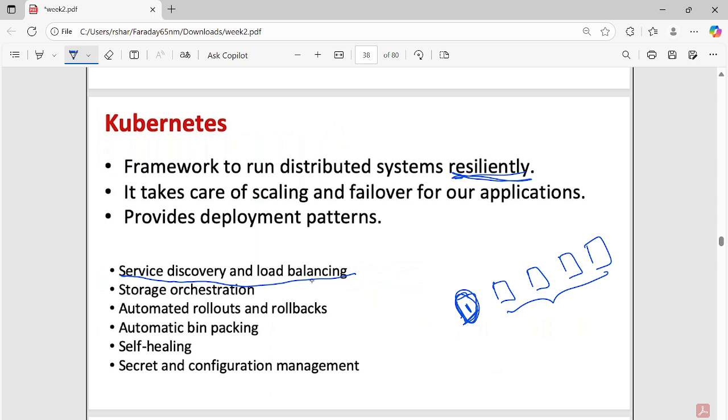The workload is more on this one node. Instead of just running everything on node 1, we can distribute and balance it. So service discovery and load balancing is done by Kubernetes.